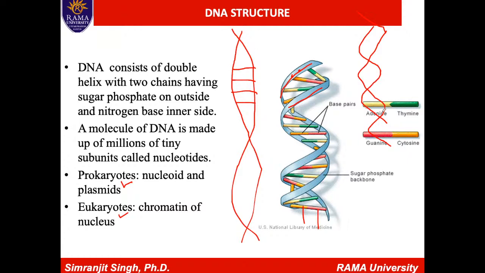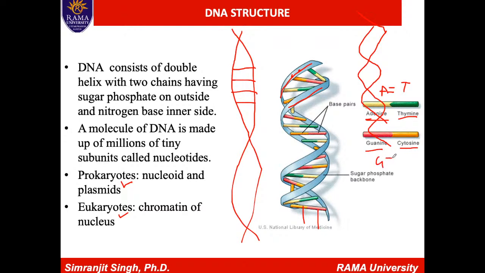Adenine always pairs with thymine, and guanine always pairs with cytosine. So A will pair with thymine with a double bond. I know most of you, 80 to 90% of students, know about this.